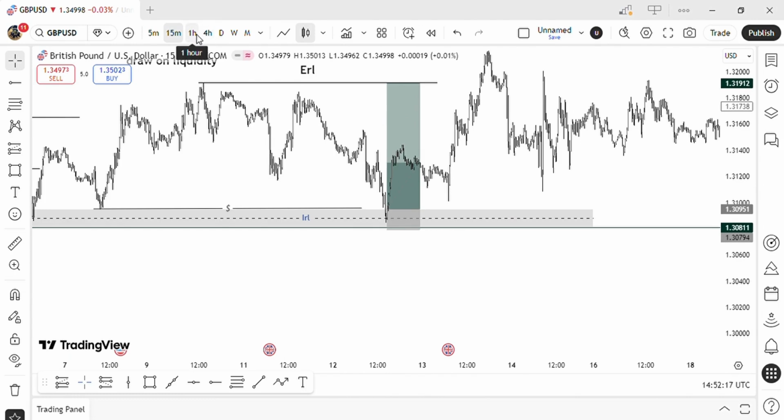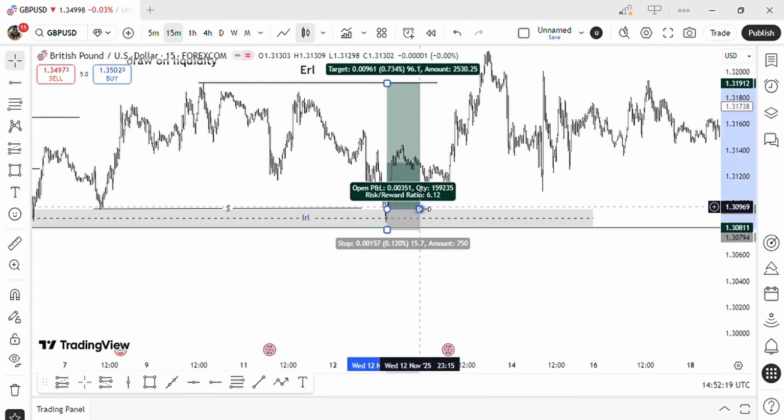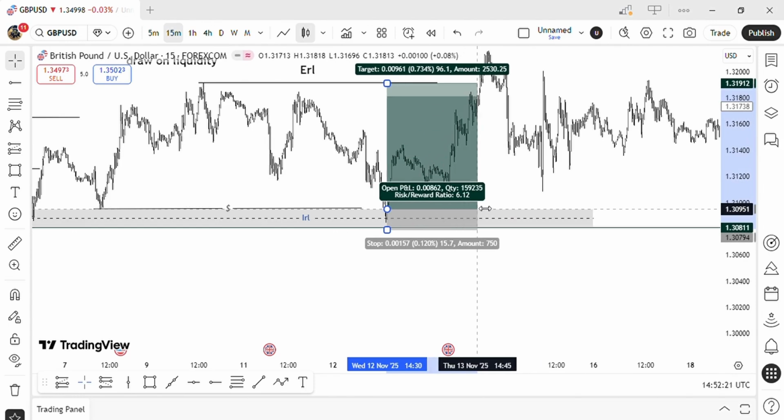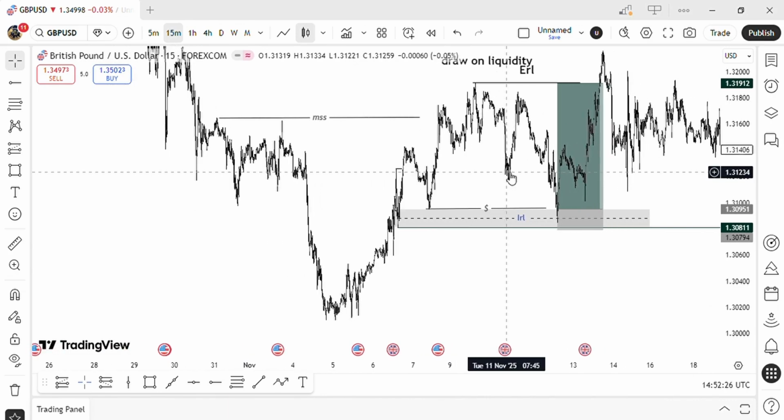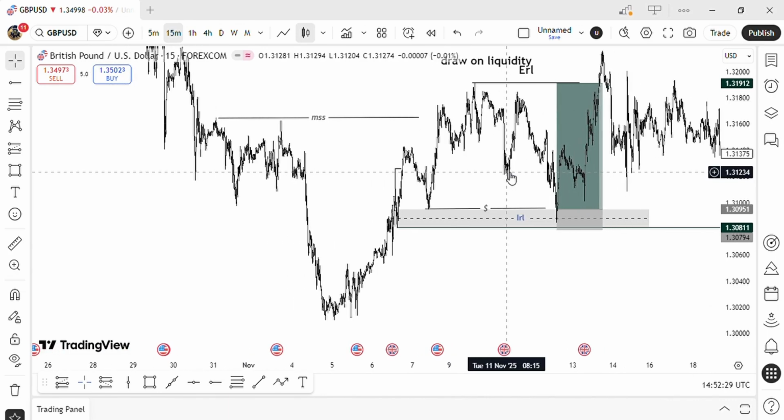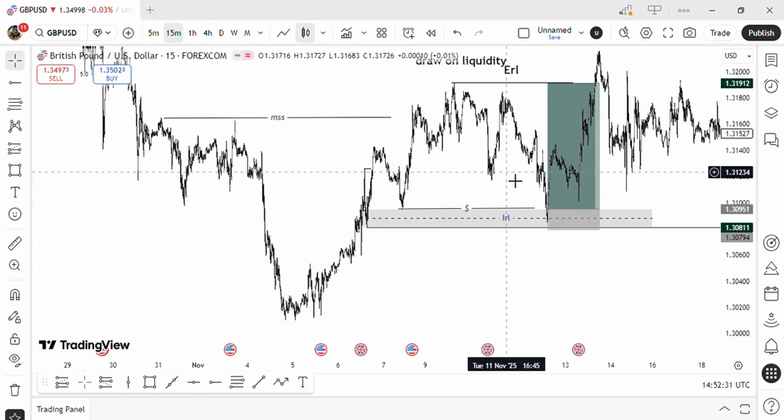How beautiful is that? That is how to use the IRL to ERL to get your direction and your lower time frame narrative.